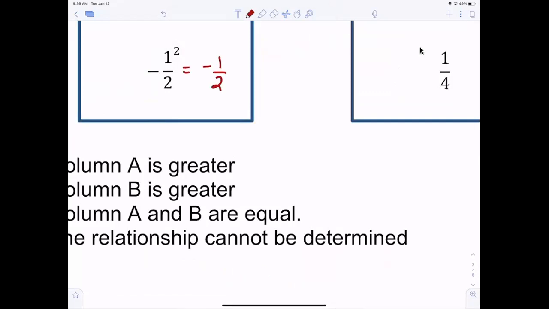Stop repeating information. You tell me, answer yourself. What is the only thing being squared? The 1. 1 is the only thing that's being squared there. The negative is not being squared and the 2 is not being squared.